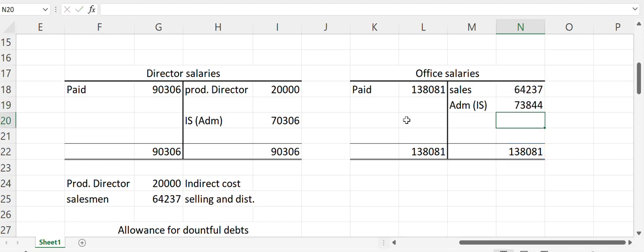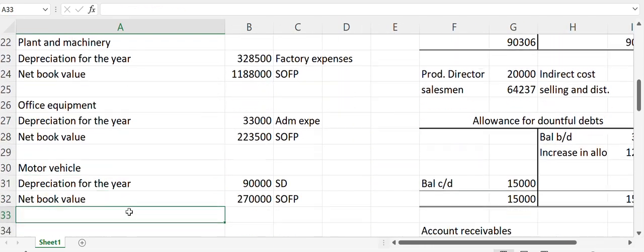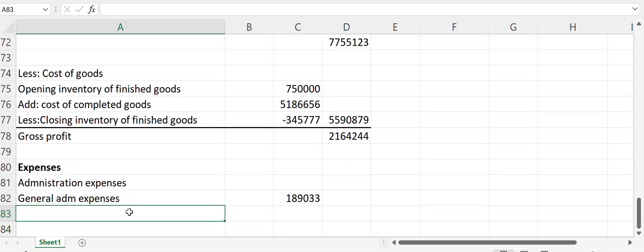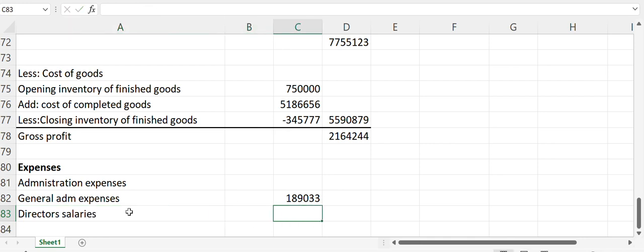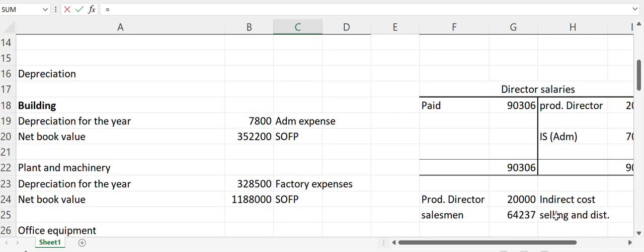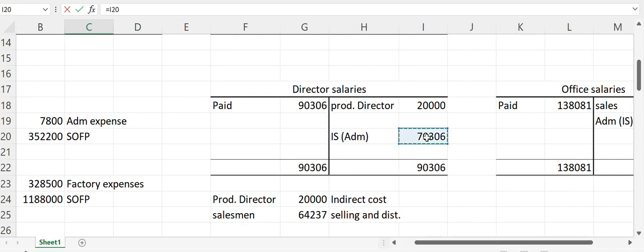So now we go back to our accounts here, and administrative expenses, we start with director salaries. The director salaries, we've computed this balancing figure here.